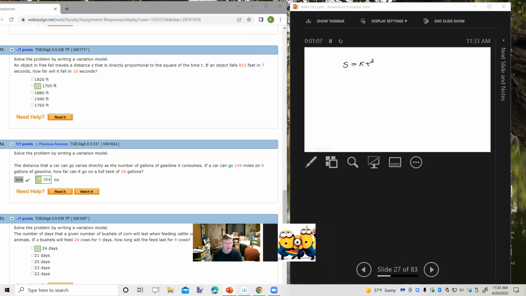Are you okay where I got that formula from? Antonia? Yes, I'm trying to figure out how you got it. So s is directly proportional, so varies directly to the square of the time t. k isn't mentioned, but k is included.